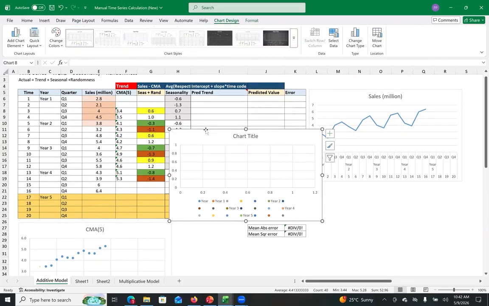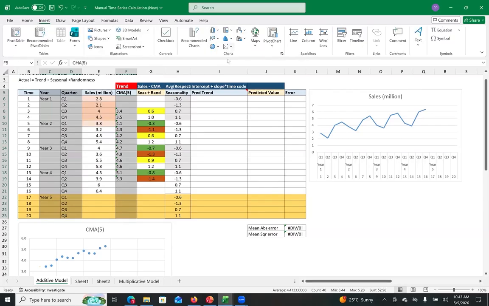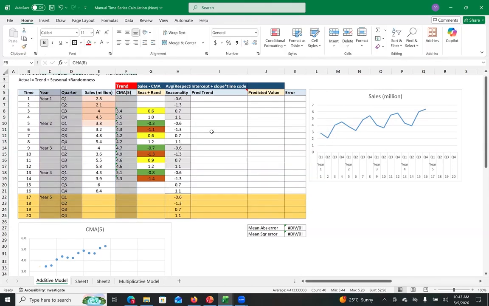Now it is coming like this. Create this scatter plot.